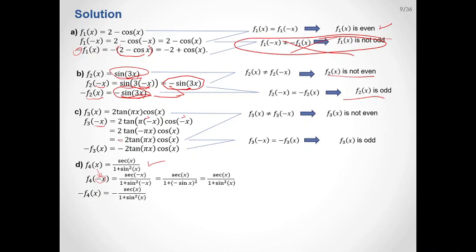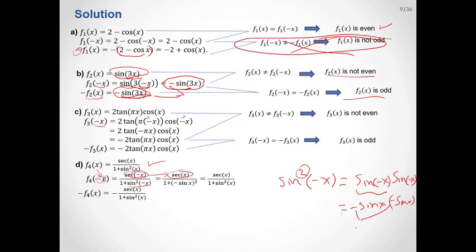Secant x is 1 over cosine x, and cosine is even, so secant is even, so you can remove this minus, and you have this one.